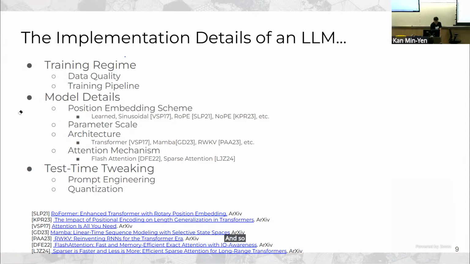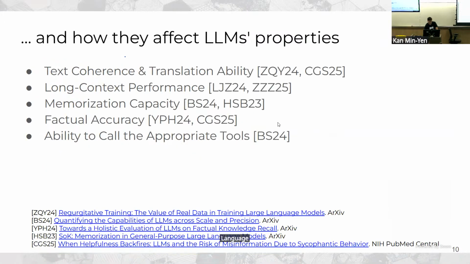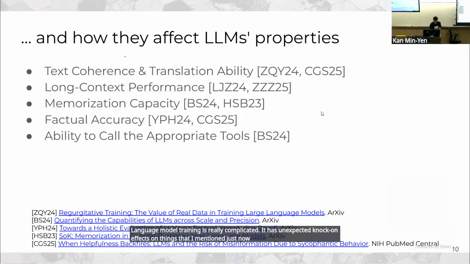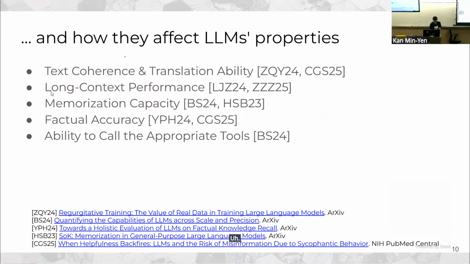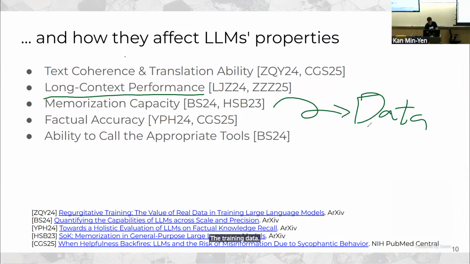And so I think that is really what we should take away from this, right? The process of language model training is really complicated. It has unexpected knock-on effects on things that I mentioned just now. Long context performance, for example. The training data that was burned into them, right?